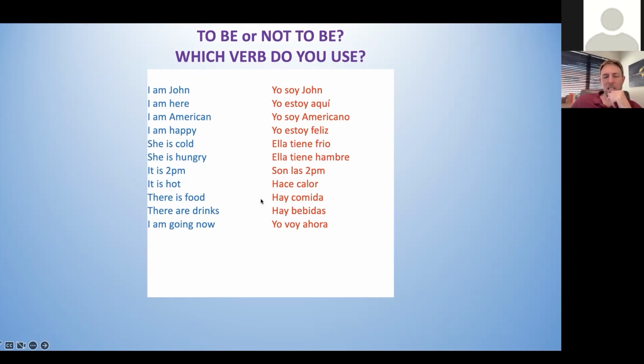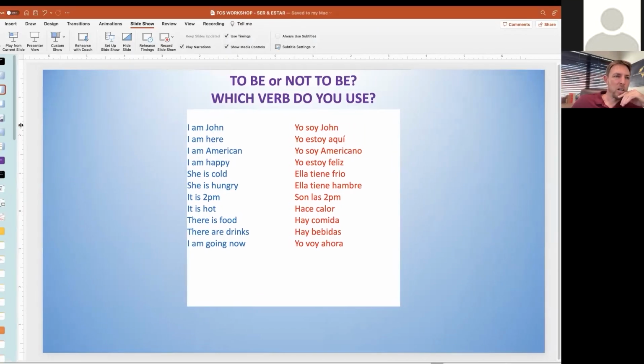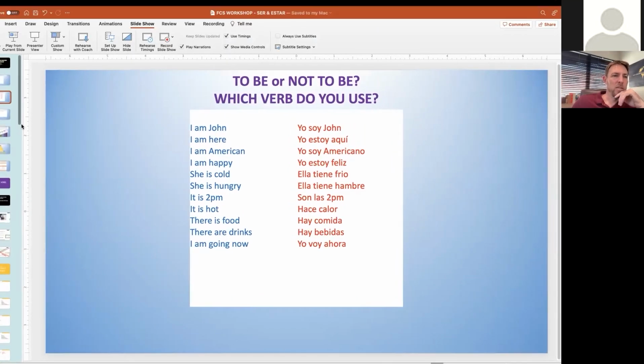And this is what gives people so much trouble, because there's so many ways to say to be in Spanish. So what we're going to learn here is how to do it. And so let's get into it.